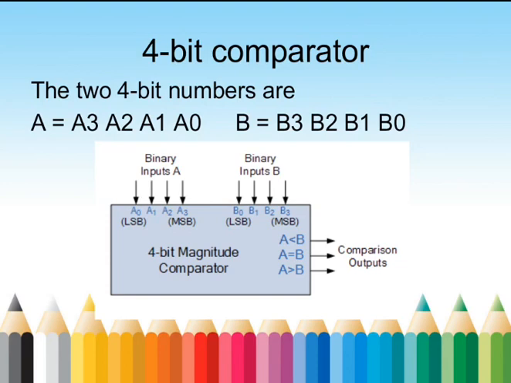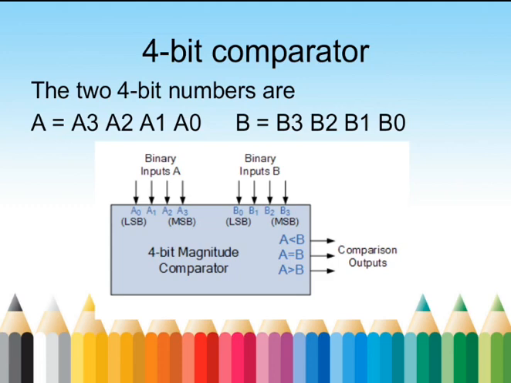If we consider the input variables A and B both expressed in 4 bits, like A0, A1, A2, A3, B0, B1, B2 and B3, the same can be reflected in the given combinational magnitude comparator block diagram. The input variables A and B consist of 4 bits and it produces the 3 different outputs: A is less than B, A is equal to B and A is greater than B.